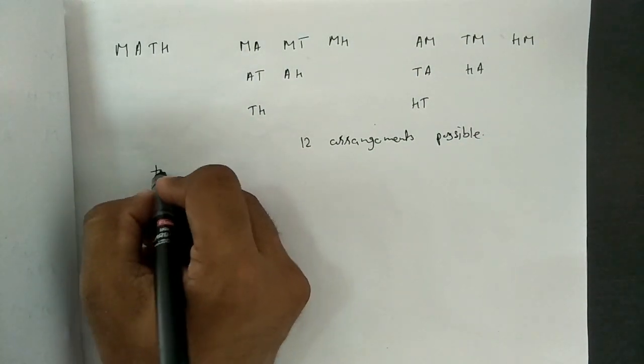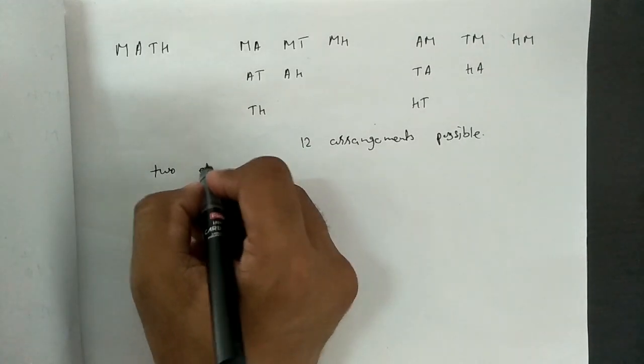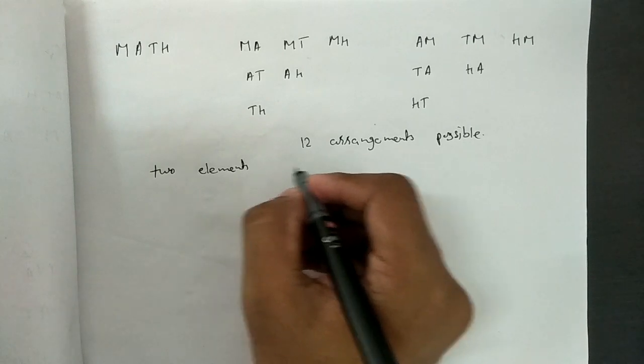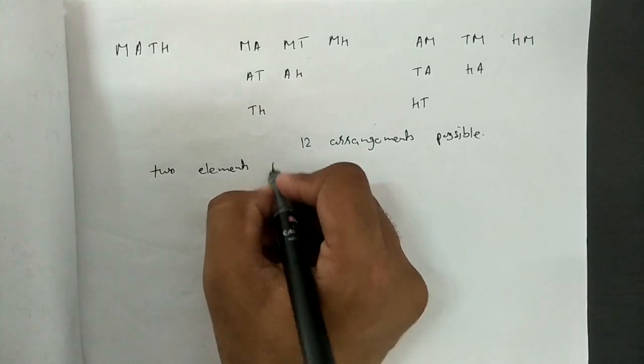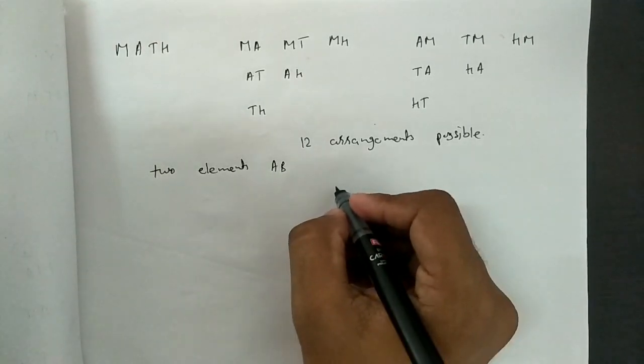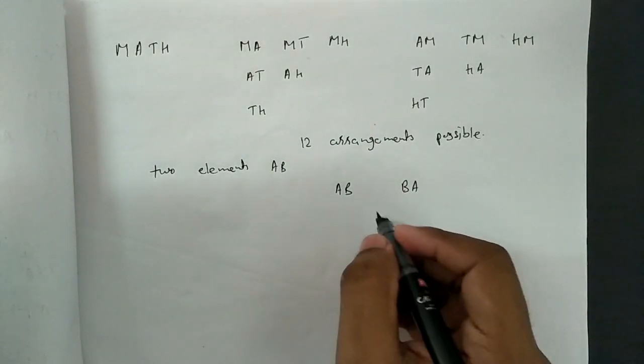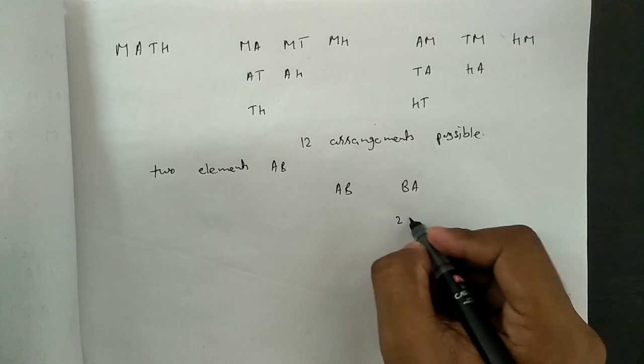Whenever we have 2 elements, we can arrange them as AB and in reverse order BA. So we have 2 arrangements.